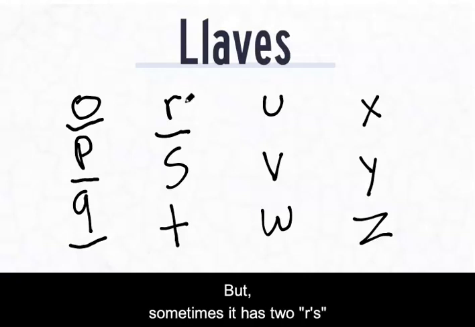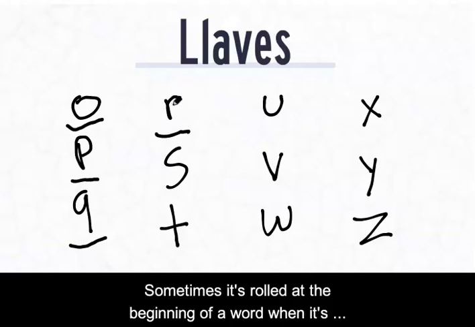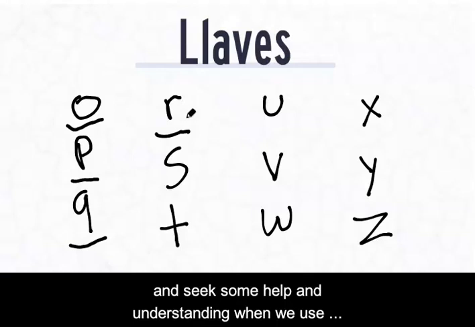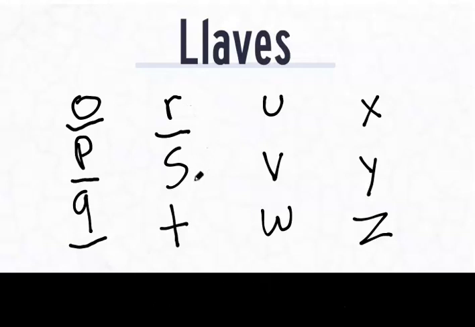Okay, but sometimes it has two R's, so we say ere, and it's pronounced r, like carro. Sometimes it's rolled at the beginning of a word when it's one R, like the word rápido. Okay, so just pay attention and seek some help in understanding when we use the double R and when we use the single R.